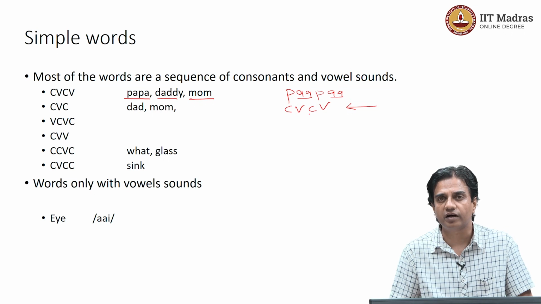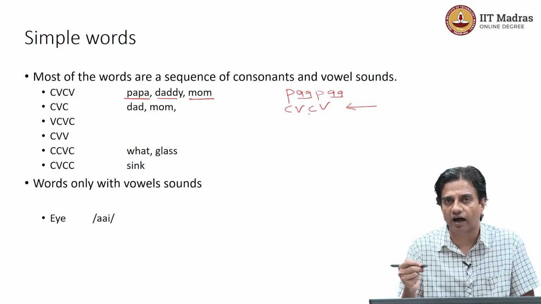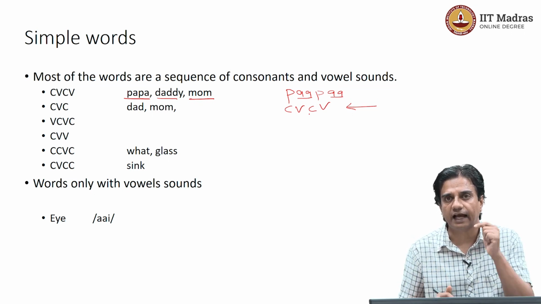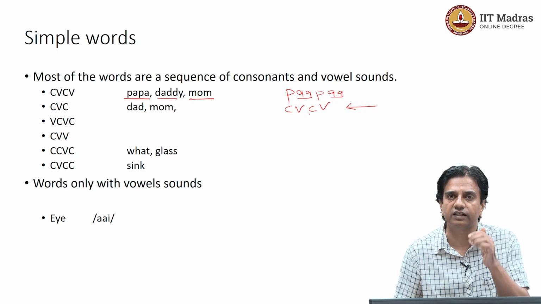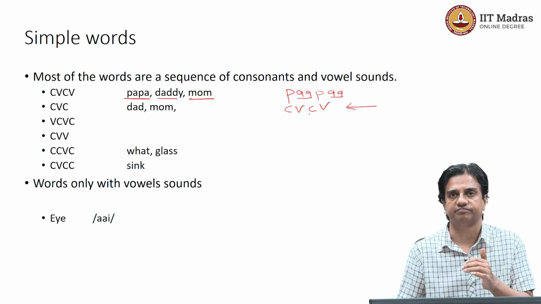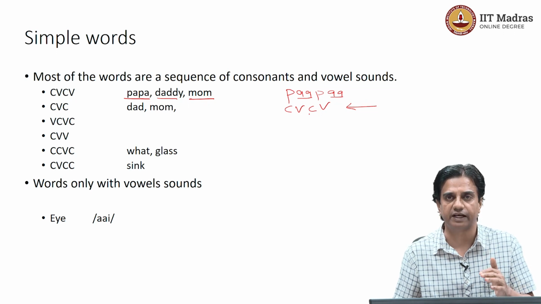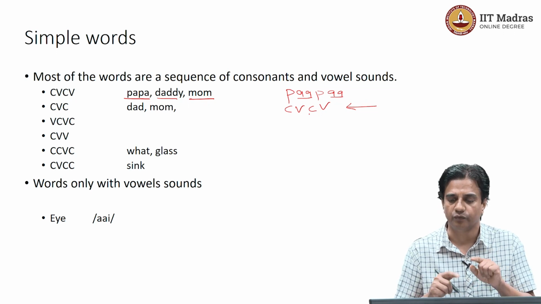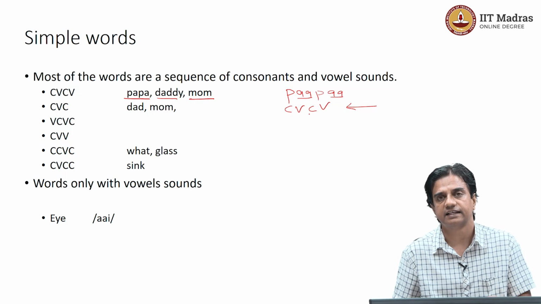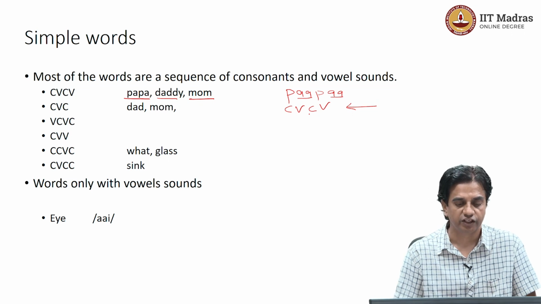So pa and another vowel a come together, and that already inbuilt vowel gets weaker, so that the word becomes papa, and we identify it as a sequence of CV, CV, that is consonant vowel alternation.